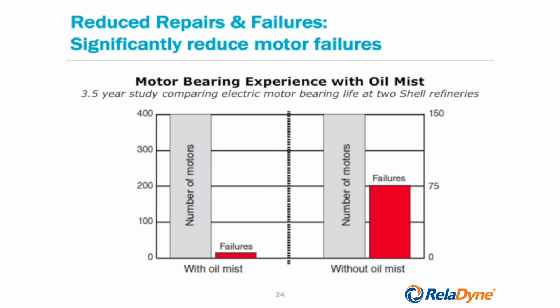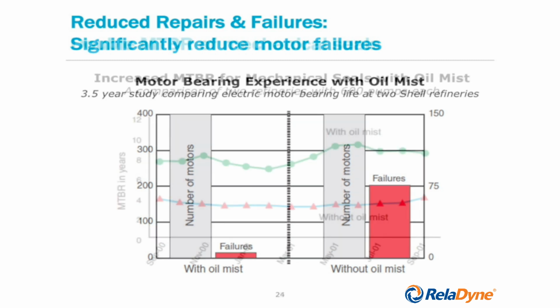On the right, you can see that they had 75 failures in the same 3.5 year time period. So without oil mist, frequent failures of electric motors, with oil mist, very infrequent failures. And they truly were able to compare 2 identical refinery locations, even in the same geographic area of Texas.